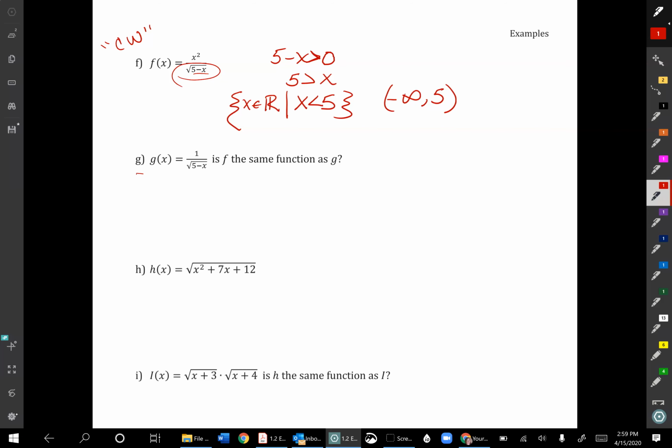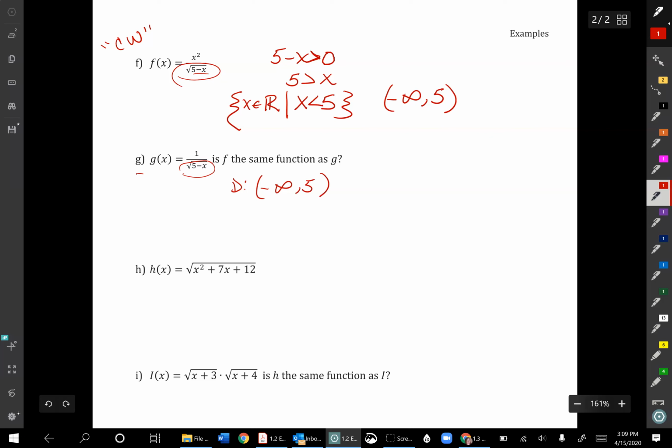We want to look at if G is the same function. Is F the same function as G? Looking at this G function, we want to compare it to F above, and they do have the same domain, but that's not the only thing we need to consider.